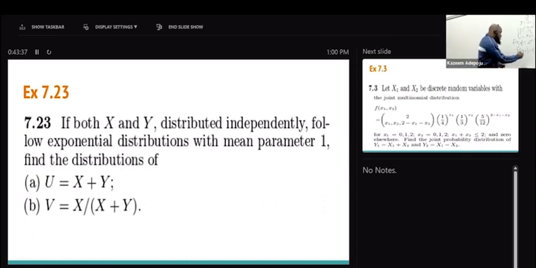So what am I looking for initially? I'm looking for f of u. I'm going to integrate this with respect to v. Then I need to decide on the range for v. Don't forget that v is a ratio. The range is going to be from 0 to 1. When you integrate this guy, you're going to have a constant, right?